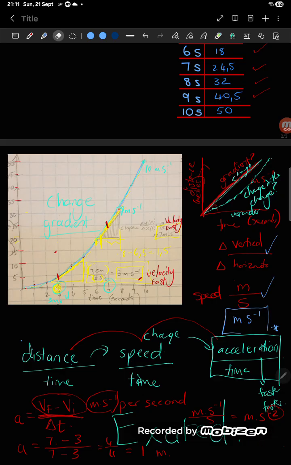So meters per second squared, per second is the change in velocity, which is the change in distance. So it's 2 changes. You see, there are 2 changes in here. And that's 1 meter per second. This is per second. This is per another second, which is per second squared.